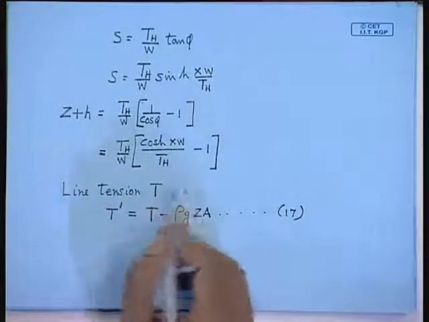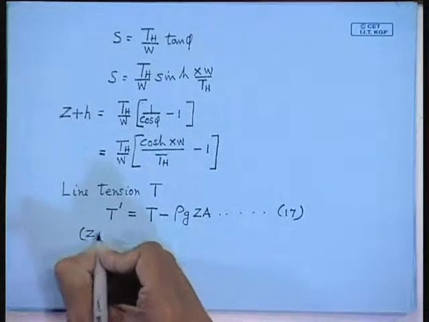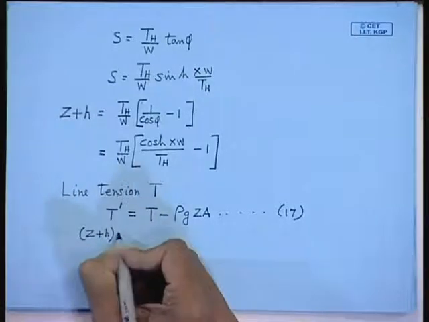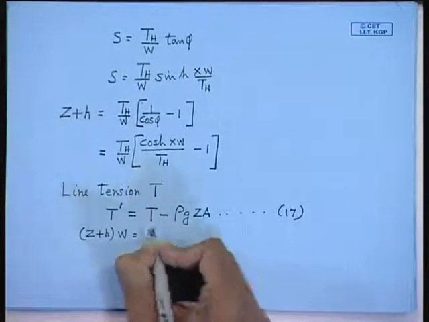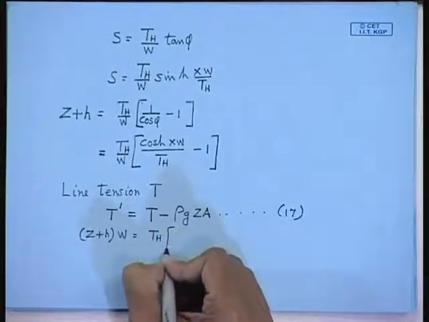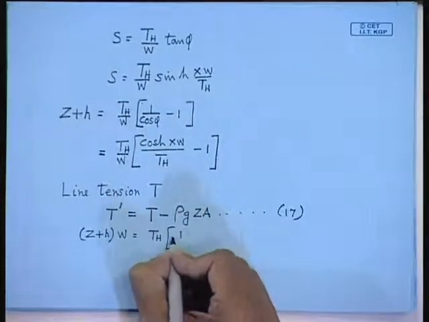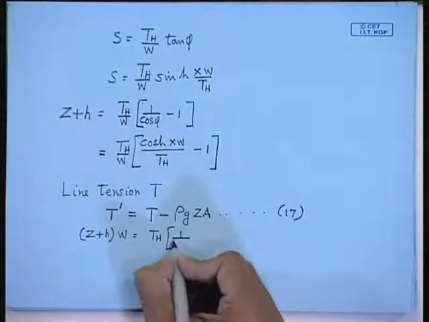Now, from this z plus h equation you get z plus h. This z plus h multiplied by w is what? TH. You can write 1 by cos phi if you want to keep the angle out here, or if you want to dismiss the angle, you put the hyperbolic term.